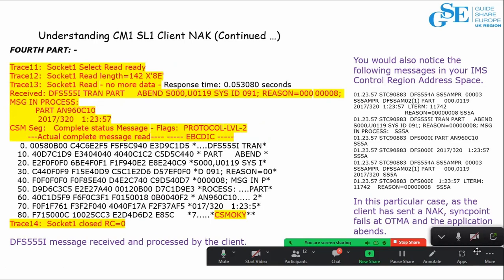This is the DFS x66 message that I was talking about. DFS 555I says that transaction part abandoned, U0119 abandoned.